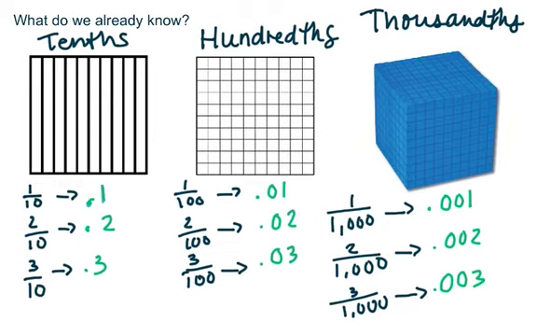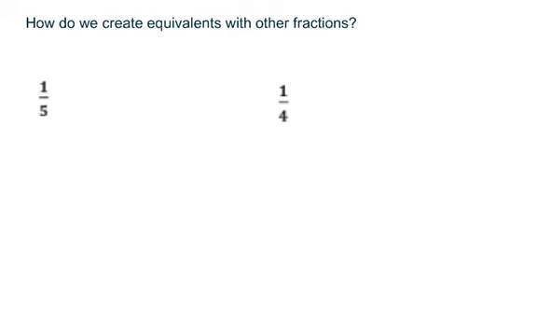So although this seems very simple, we're going to move a little bit further, and now we're going to look at fractions that are not benchmark. So they're not tenths, they're not hundredths or thousandths. So how do we create equivalence with other fractions? I want to look at this denominator.